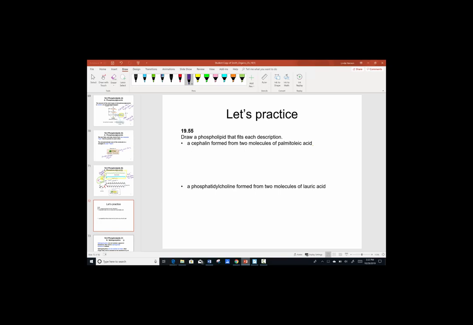Are you ready? Pausing the video helps, doesn't it? So welcome back. I know that you went to the trouble to find this particular fatty acid. And so what we want to do is begin simply by drawing the glycerol backbone and knowing that the glycerol backbone still is going to contain the ester linkages.